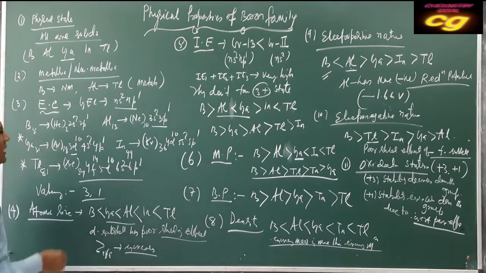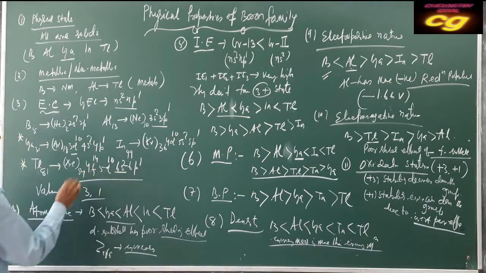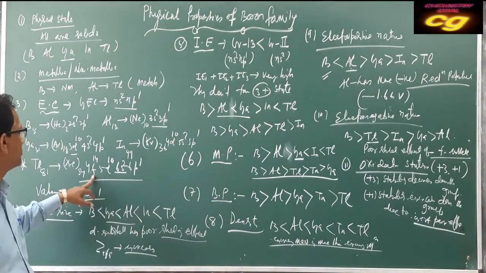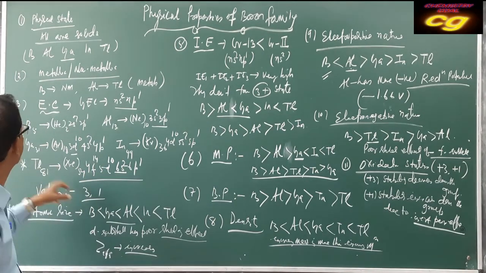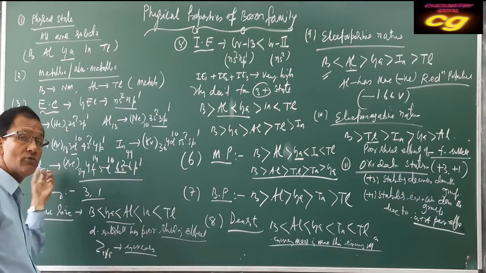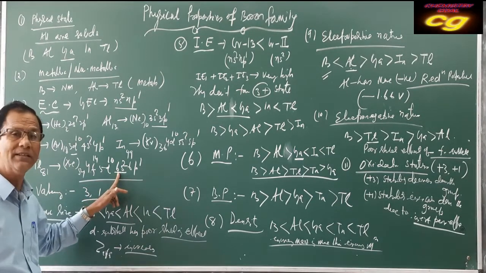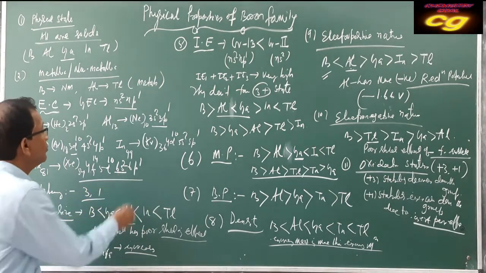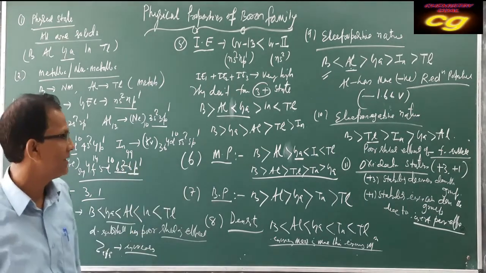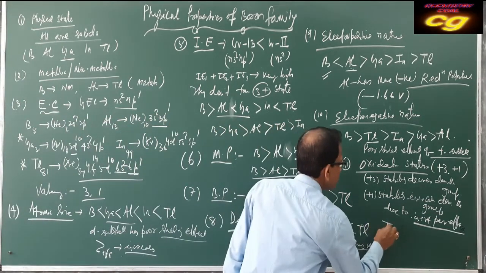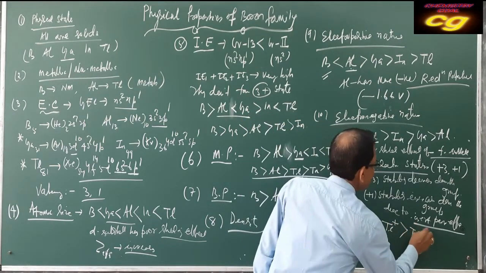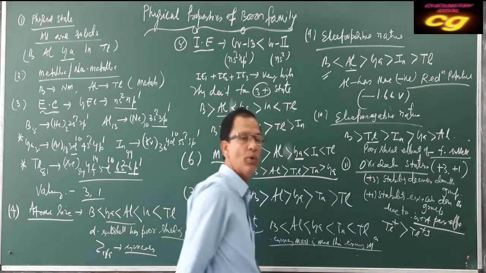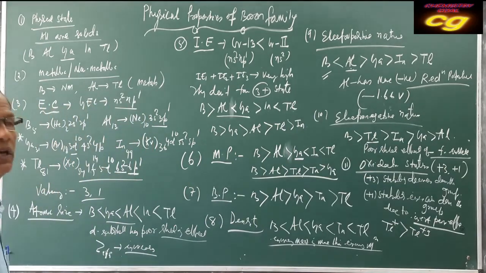In the case of thallium, as the poor shielding of 14 f electrons is there, due to the poor shielding effect, the 6s2 electrons are more penetrated toward the nucleus, more attracted toward the nucleus. So they have little tendency to participate, and only the 6p electron takes part. That's why thallium +1 is more stable than thallium +3.